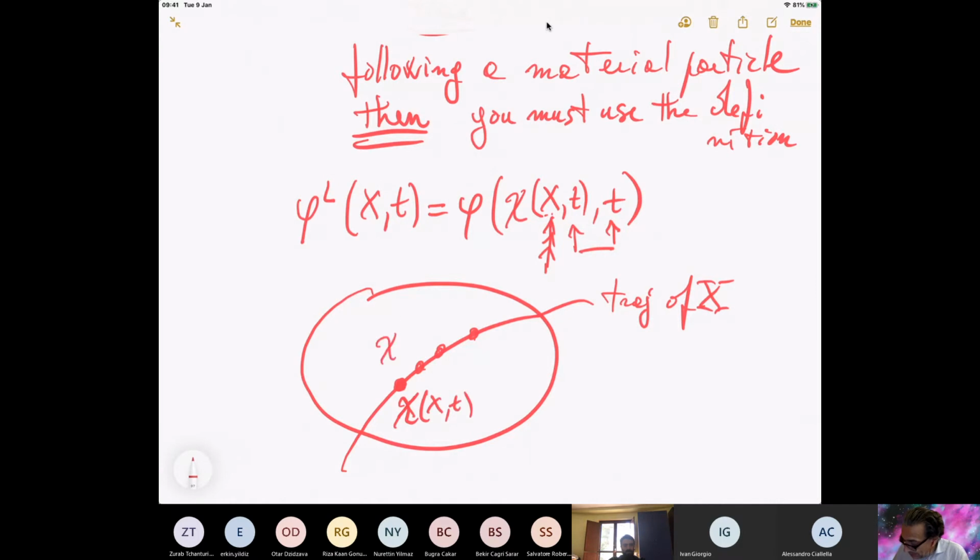This is chi of capital X, t, and this is chi of capital X, t plus delta t.